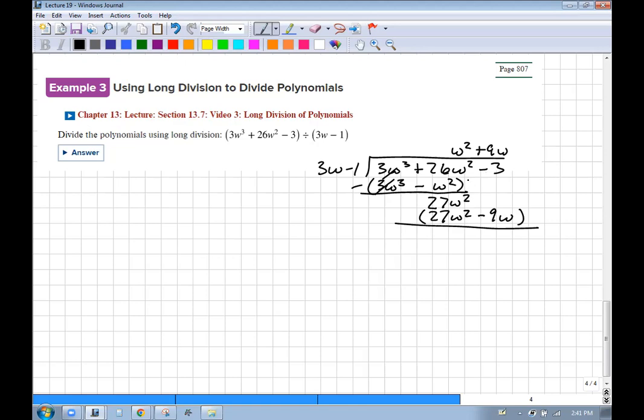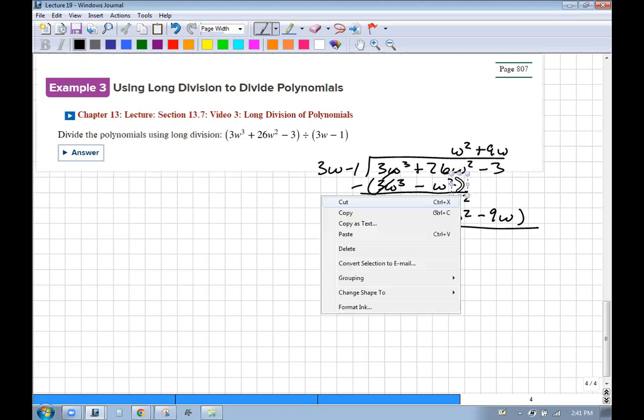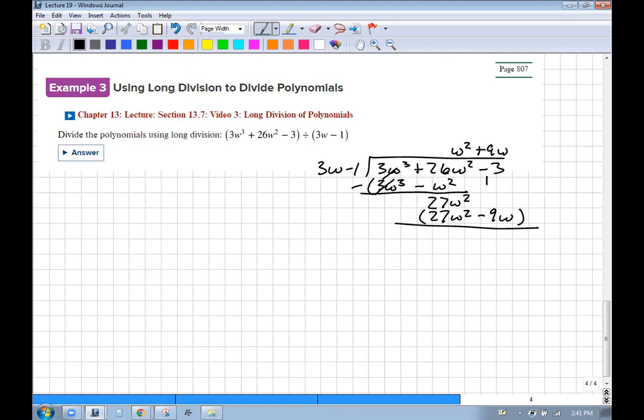And you know what? I totally forgot to bring down my minus 3 here. So now when we subtract, this is awkward, right? Things aren't lining up at all.